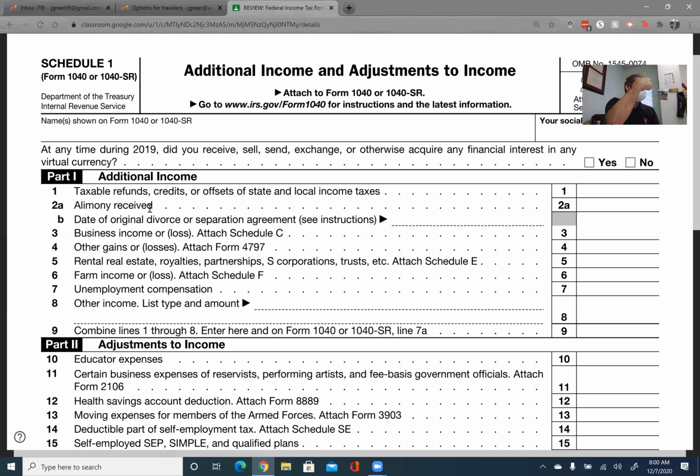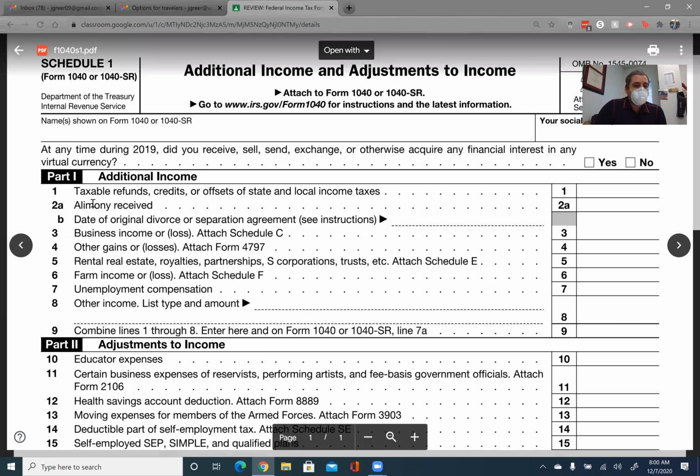Boosting that taxable income up. So if I have anything in the fact pattern about an alimony agreement and they are receiving it, in line 2A is where you're going to put that number. Everything over here in the right column should only be numbers, no written stuff, right? It's all numbers here.